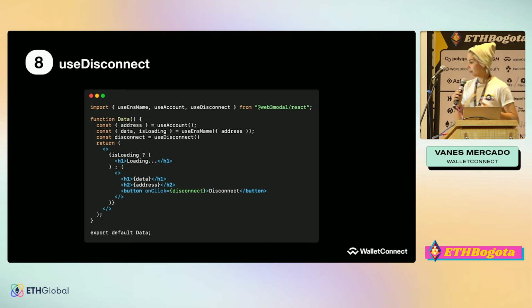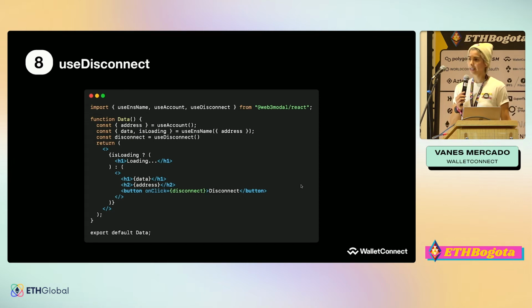And lastly, we can't really have the full user experience unless we also give them the option to sign out. So this is where we use the useDisconnect hook. We'll go ahead and import that in the data component. And very similar to the other hooks, we'll just create a new const and call that disconnect. And then we'll add our button. So right underneath address, we add the new button.